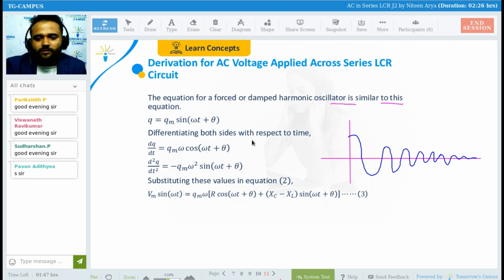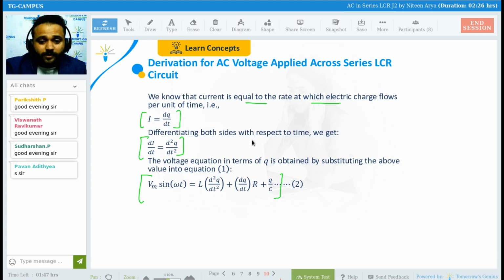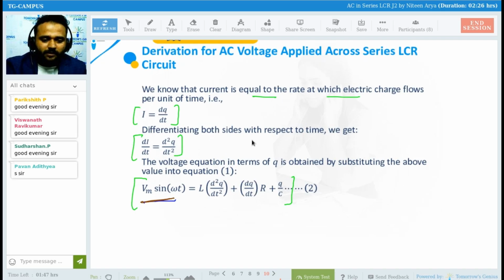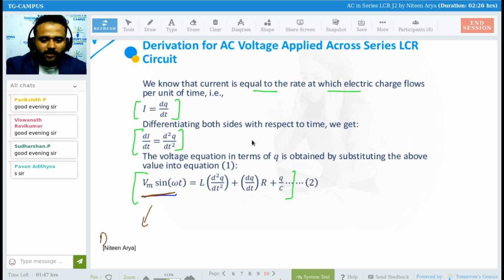The equation for a forced damped harmonic oscillator is similar to this equation. This is equation number 2. This is your damping parameter. If I put 0 here, it becomes the simple harmonic equation. So this is the damping parameter, we can say damping force. I'm going to write here damping parameter.